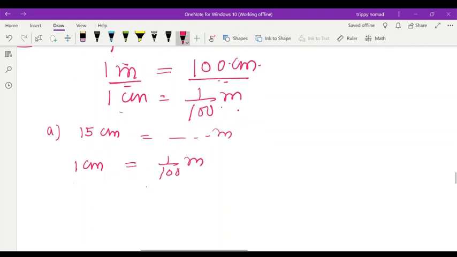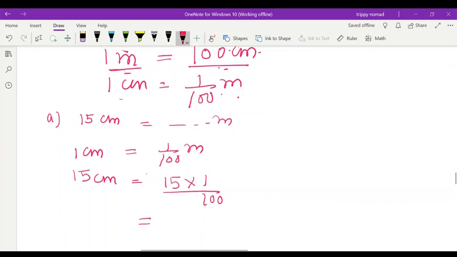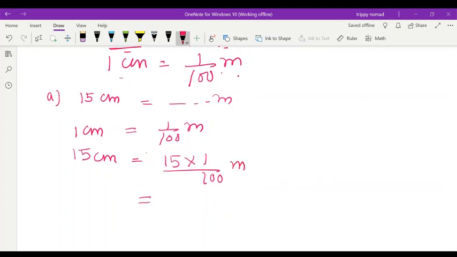Then 15 centimeter is equal to 15 into 1 upon 100. Even in the 5th standard you have learned this. 2 zeros are given, so for 1 we will put a point, and after the point there are 2 digits. That is 15. So the answer is 0.15 meter.